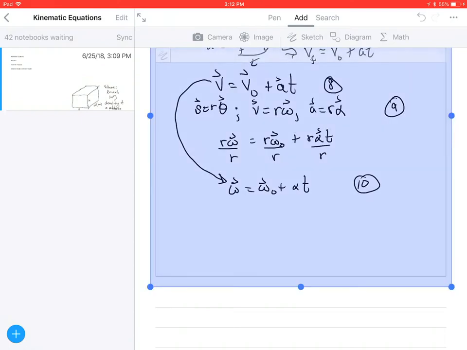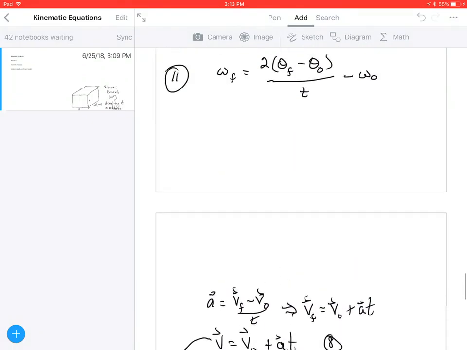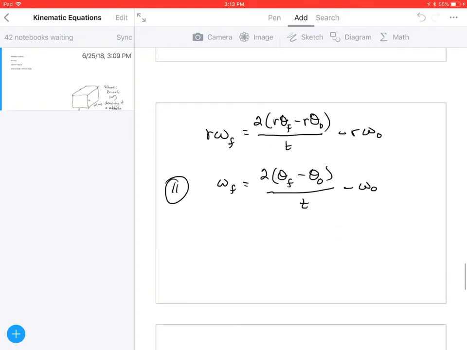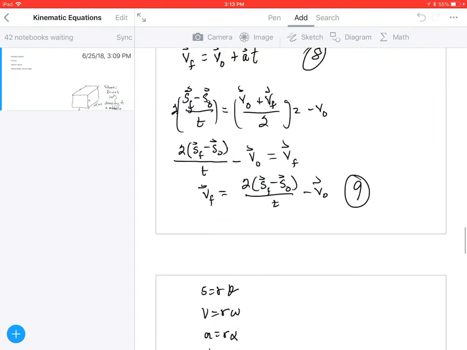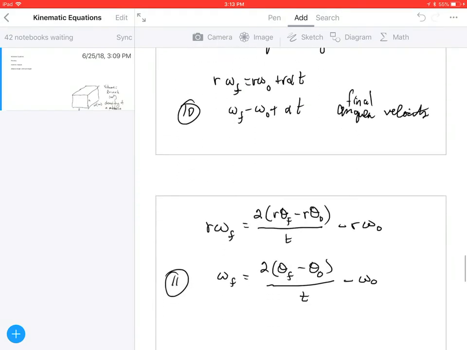The next equation is going to be based on the following. This equation number 9 here is going to be VF.